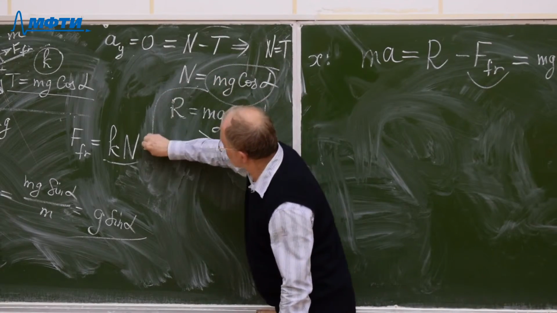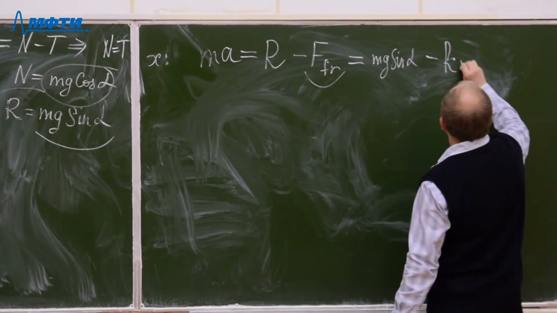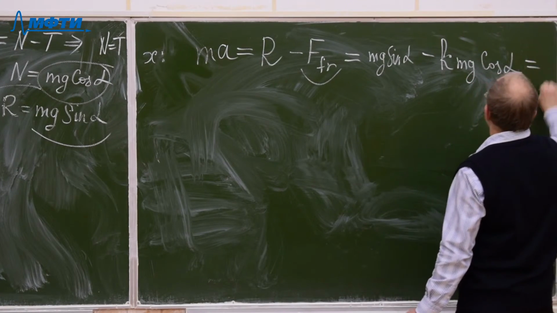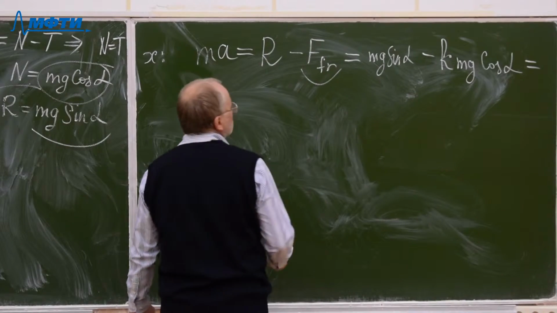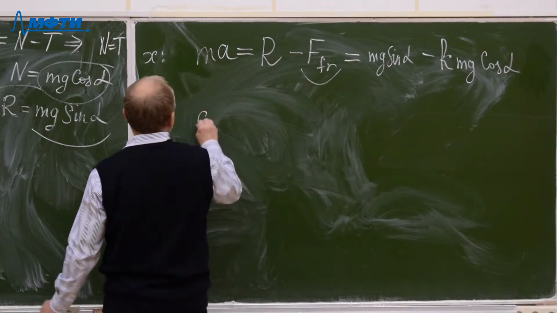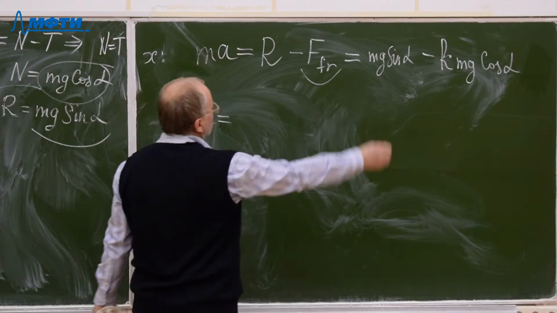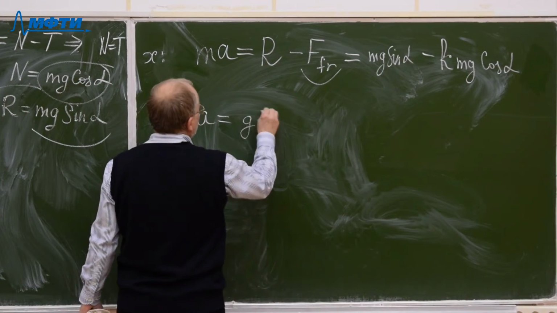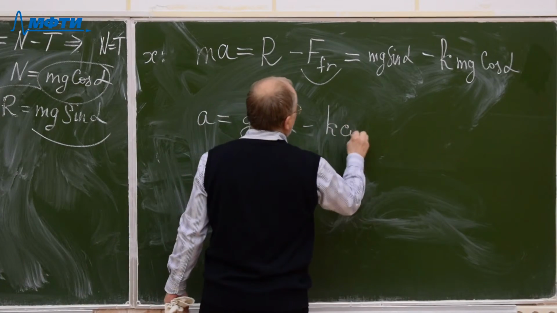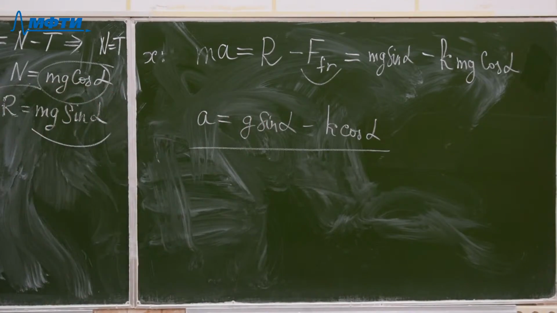So the coefficient of friction times N, and instead of N, I write down mg cosine alpha. I need to calculate the acceleration. In order to calculate acceleration, I have to divide by m. Dividing by m, I find that the acceleration is g(sine alpha minus k cosine alpha). That's the acceleration of the body directed downward.